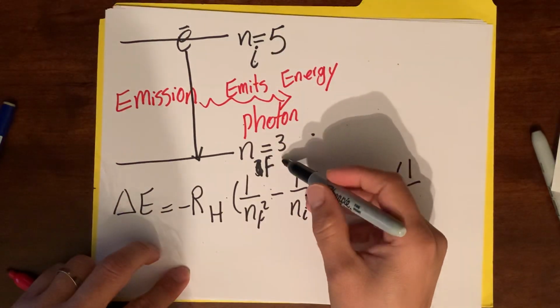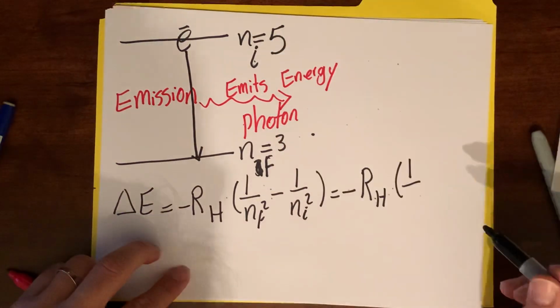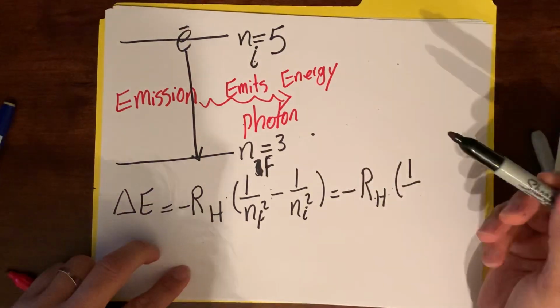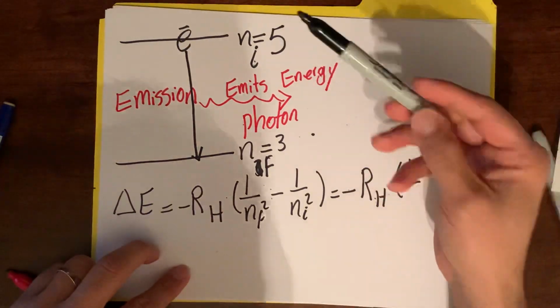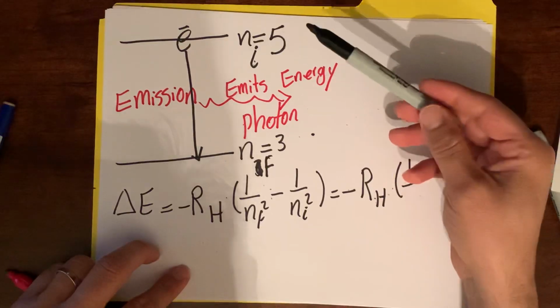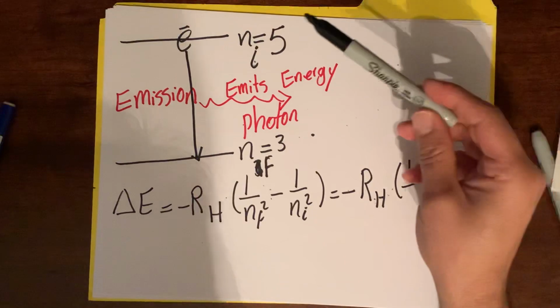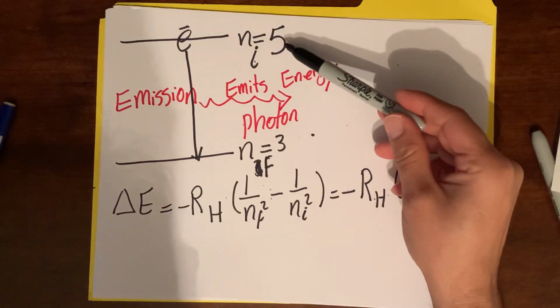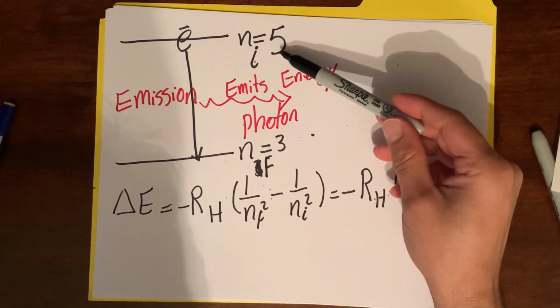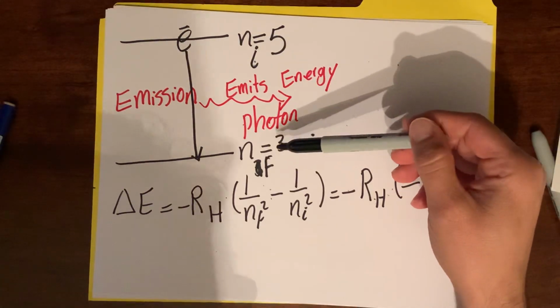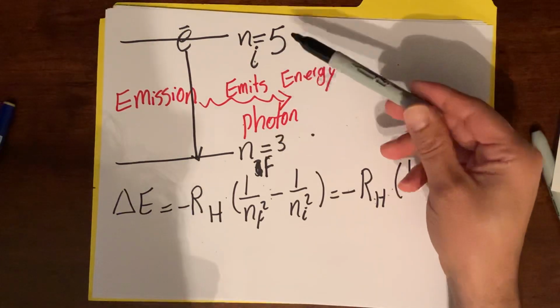Don't say n equal to 3 is the initial one because it's smaller.